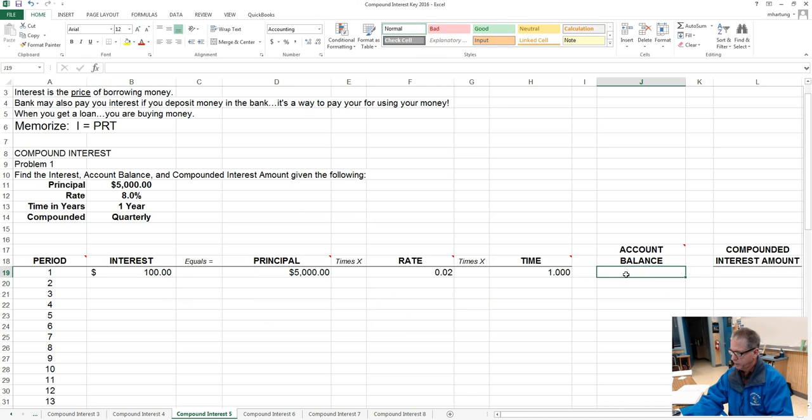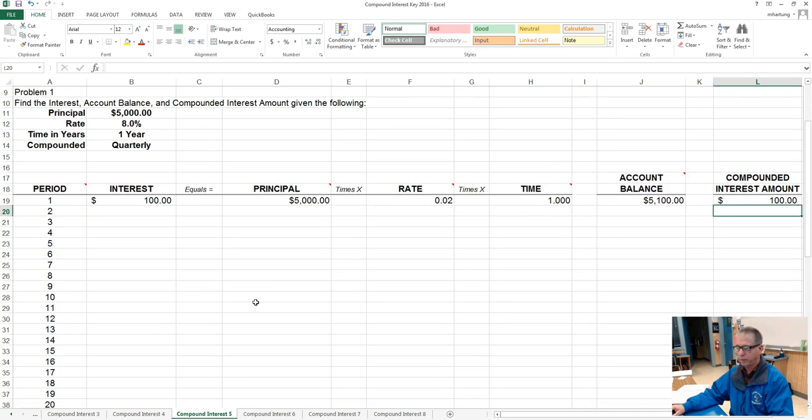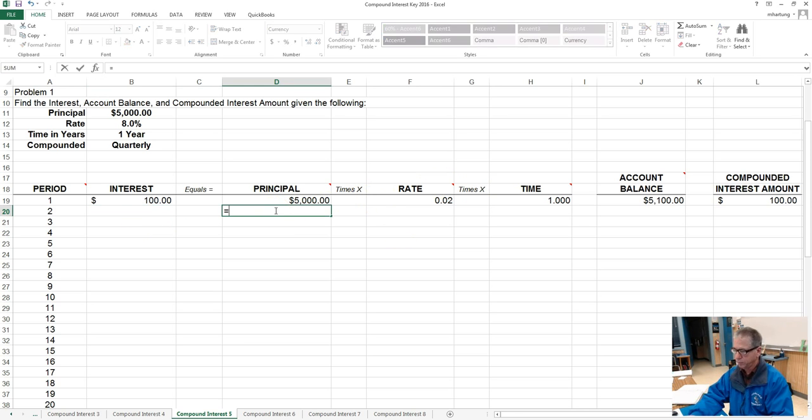And account balance, once again, is the principal plus the interest. And then the compounded interest amount for the first period, we'll just simply click on that interest amount. Now we need to do it 3 more times. So, remember, the new principal is going to be the previous account balance.